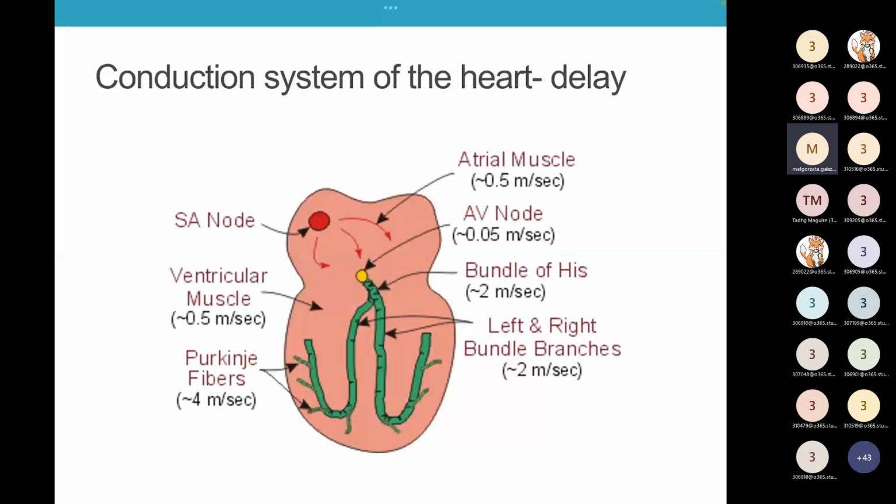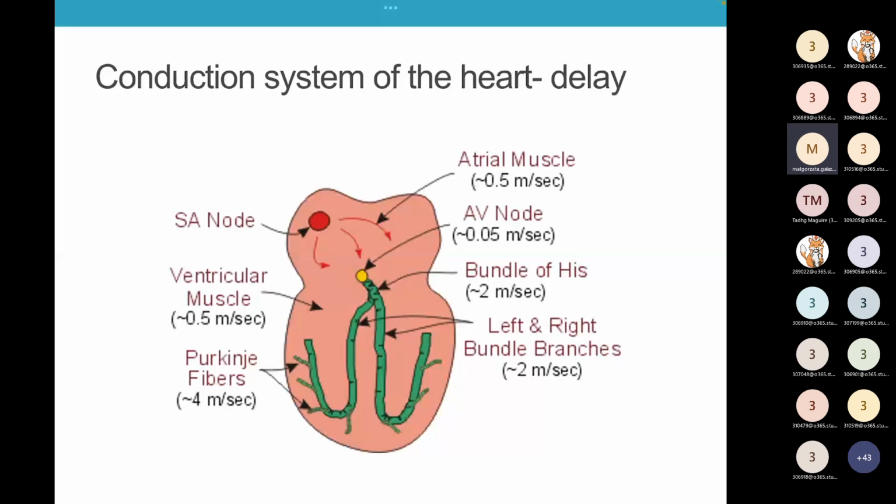In the case of the SA node, the intranodal tract, the velocity is around 0.5 meters per second, whereas in the AV node, the velocity is reduced to 0.05 meters per second.